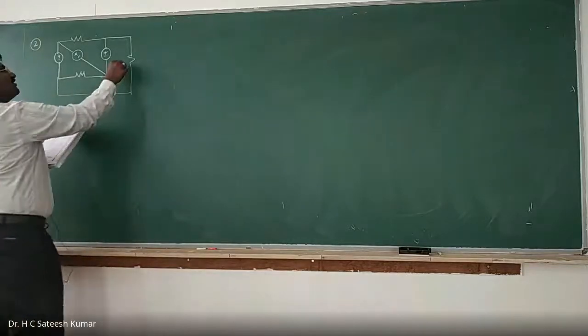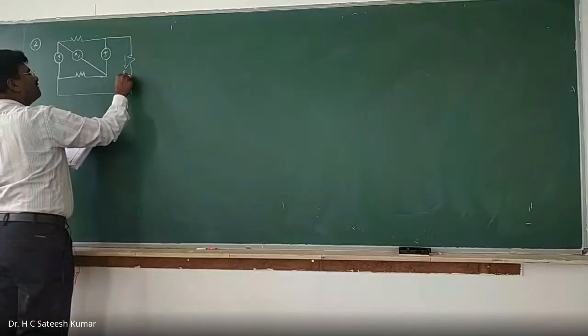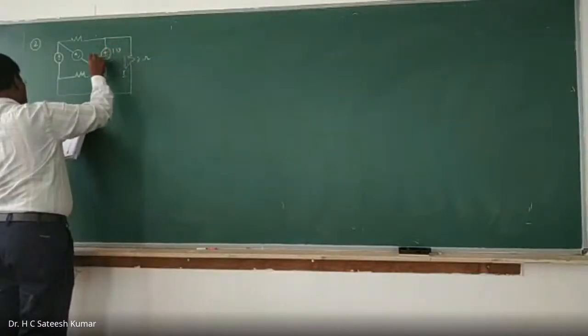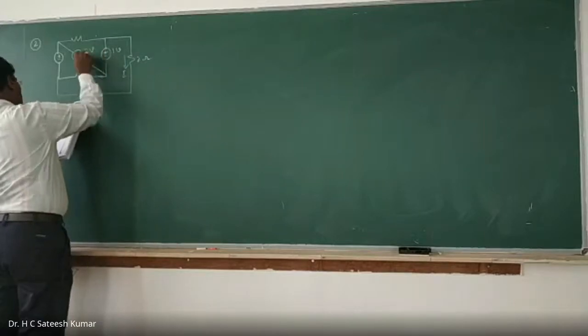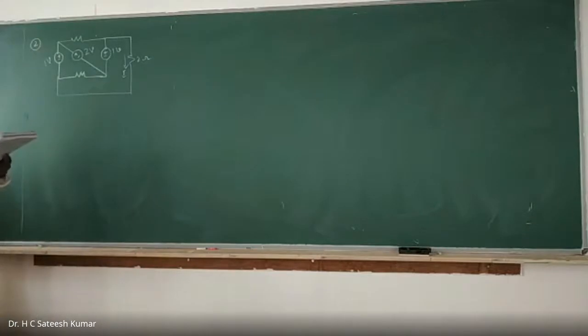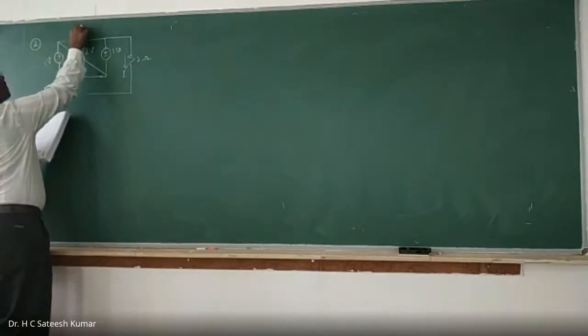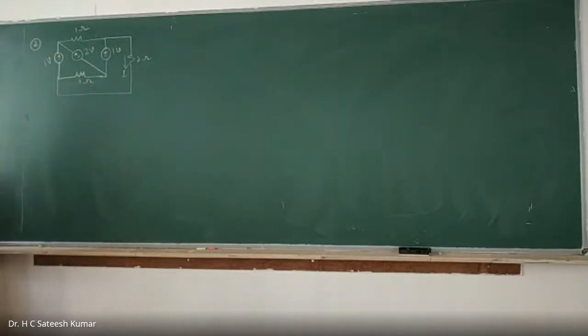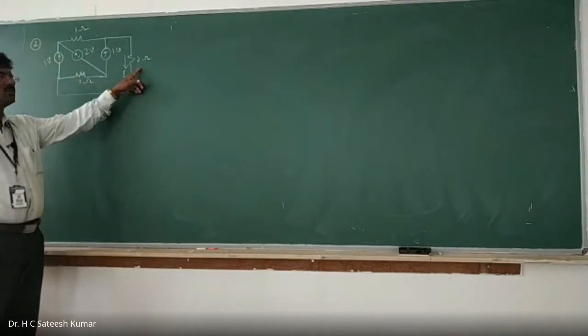This is called I, 2 ohms resistor, 1 volt, 2 volts, 1 volt. This is 1 ohm. This is also 1 ohm. Okay, right. Find the current in the 2 ohm resistor.